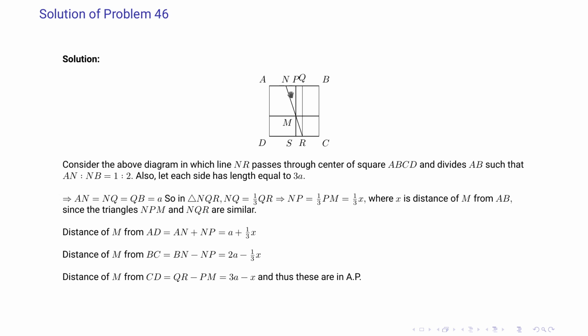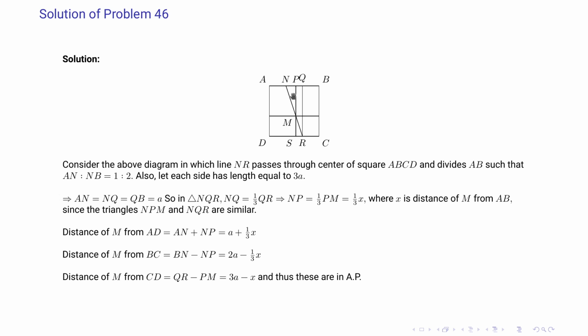I'll try to explain how it works out. The bases are parallel here, and this is an intersecting line. So this angle would be equal to this angle, and this angle will be common actually, and this angle is 90 degrees. So three angles are the same, that's why the triangles are similar.